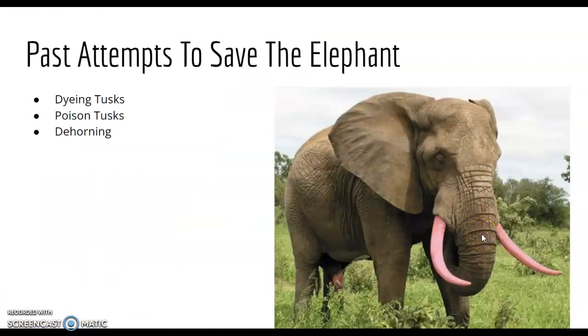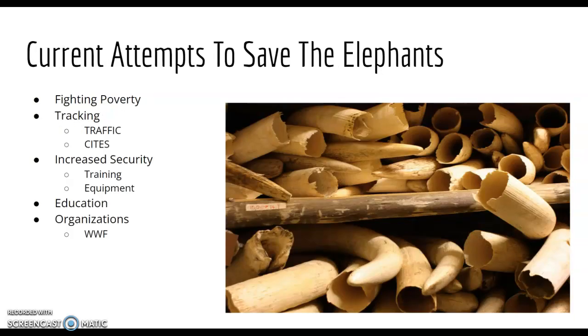So in the past, we have tried a couple of things. We have tried dyeing tusks, poisoning tusks, and dehorning. Current attempts: fighting poverty is a big one. We try to track people who are hunting elephants through traffic and using a system called CITES.